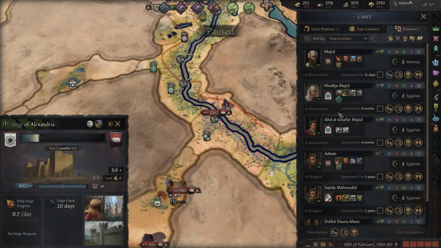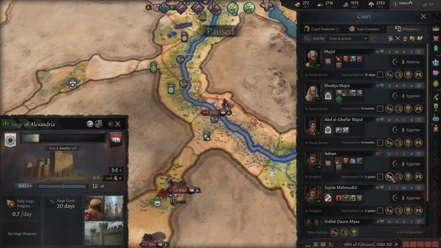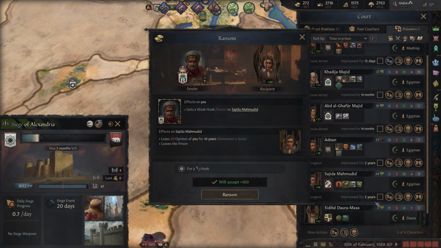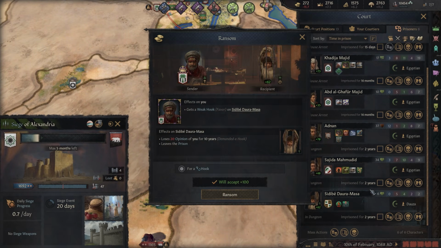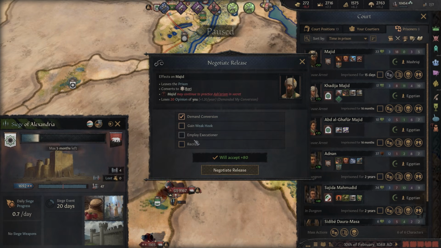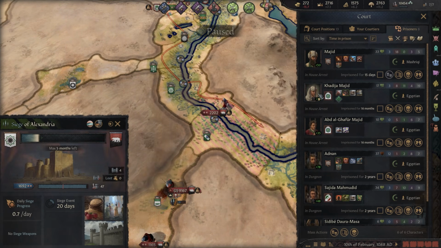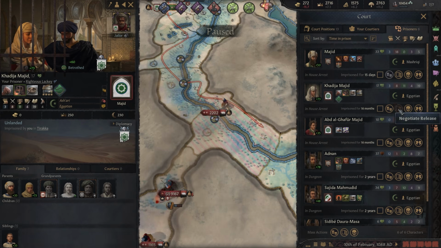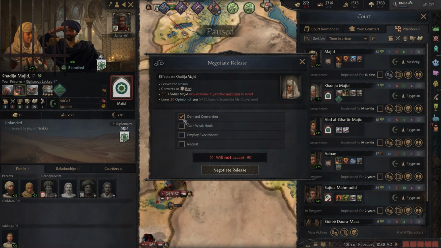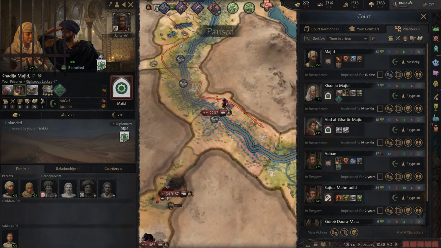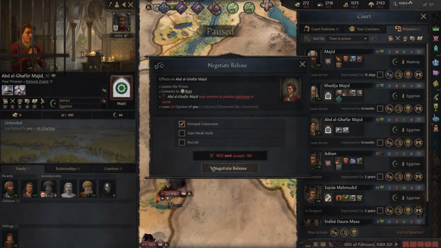Captured some enemy combatants. Any of them worth money? Maybe, like a little. Yeah, honestly, just convert and you can leave. I should check if they're good enough to be in my army. But if they're not, then just convert or gain a weak hook and then get them to leave. Convert.